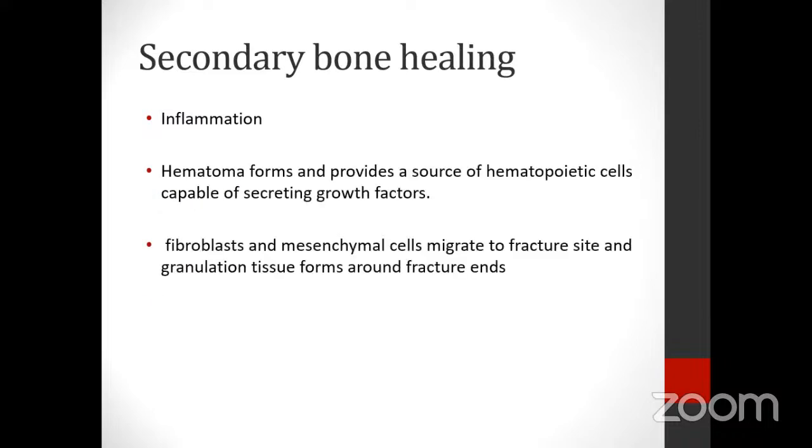Now, the inflammation phase starts immediately at the time of the injury, where the patient or the fracture site will have hematoma that works as a source for hematopoietic cells. These hematopoietic cells are capable of transforming into osteoblasts or chondrocytes, and it secretes growth factors and angiogenesis factors as well.